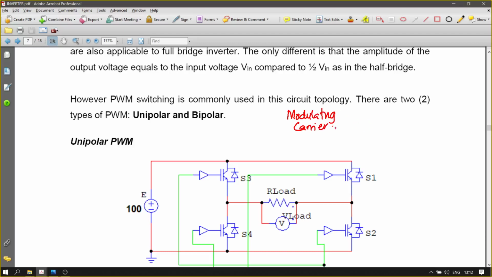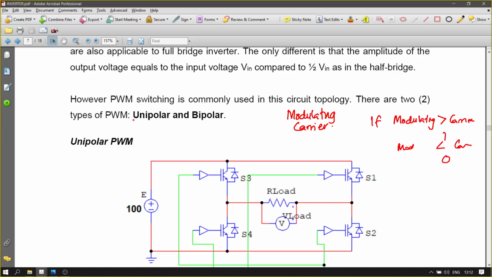So you compare both signals. If the modulating signal is higher than the carrier signal, the output will be 1. If the modulating signal is lower than the carrier signal, the output is 0.